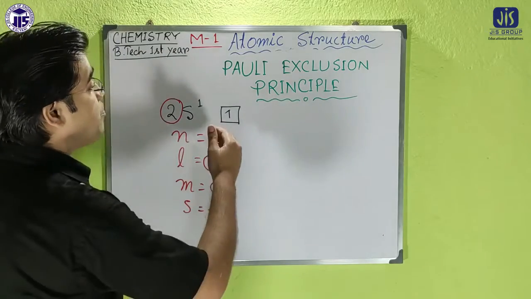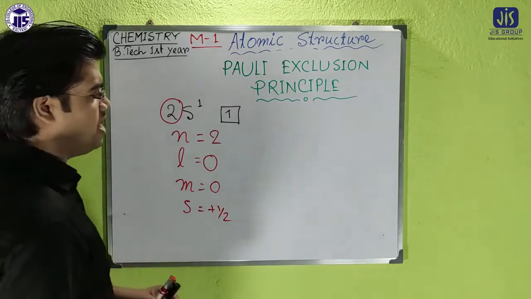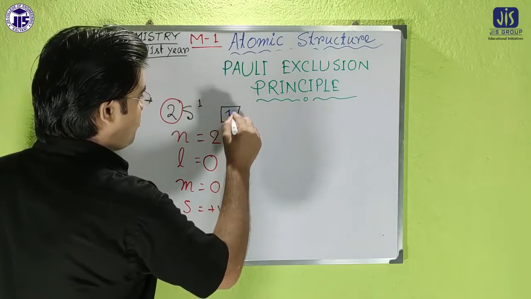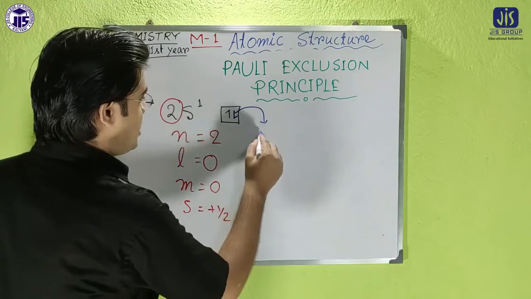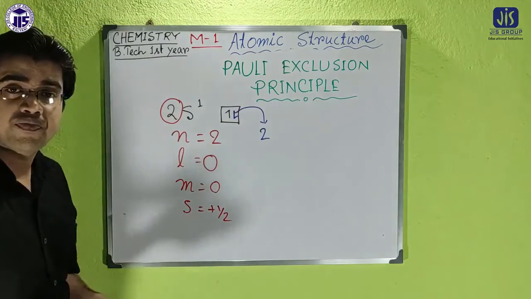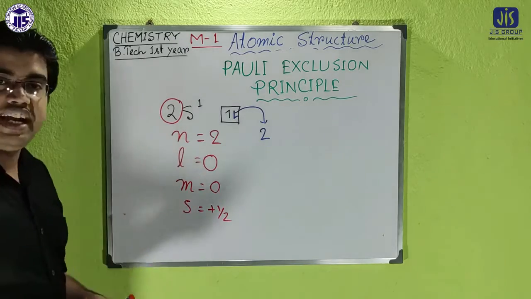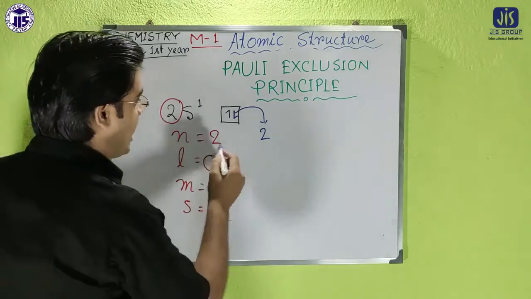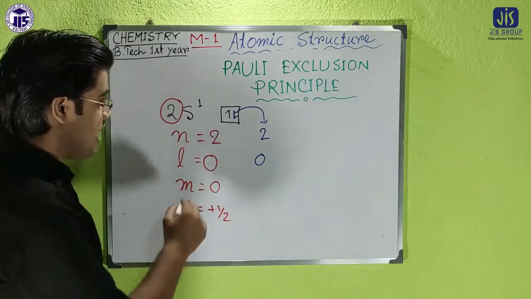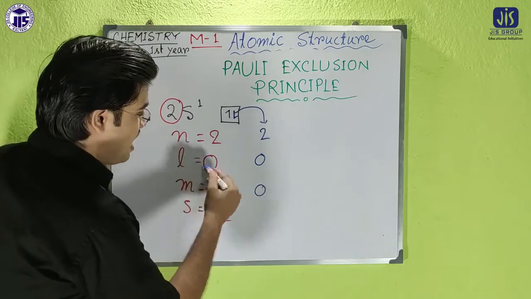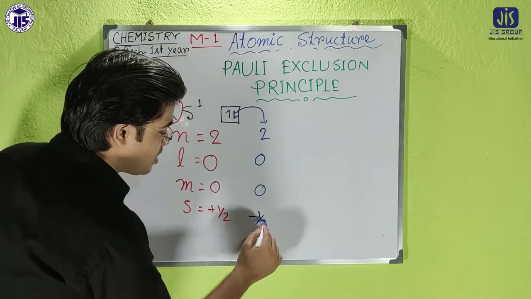Now if we take the 4 quantum numbers for the next electron, n equals again 2, l equals 0 as the same subshell is here, that is the s, m equals again 0, because if l equals 0, m equals obviously 0, and s equals minus half.